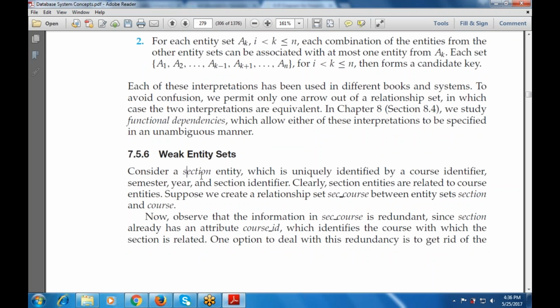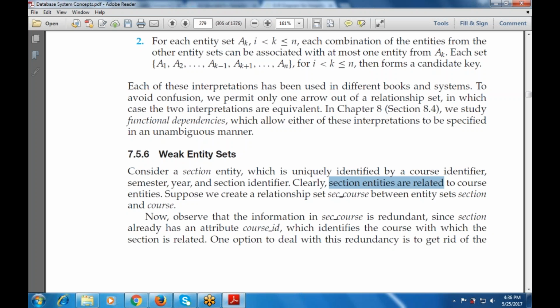Now consider a section entity which is uniquely identified by the course identifier, semester, year, and section identifier. Now clearly the section entities are related to the course entities, and suppose we created a relationship set section course between the entity sets section and course.